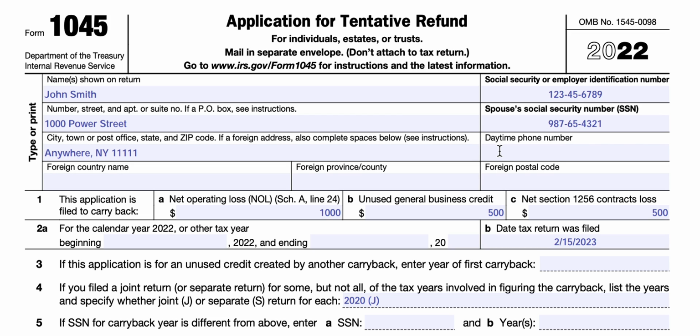One thing to keep in mind, the processing of this Form 1045 and the payment of the requested refund does not mean that the IRS has validated or determined that your claims of deductions and credits are correct.